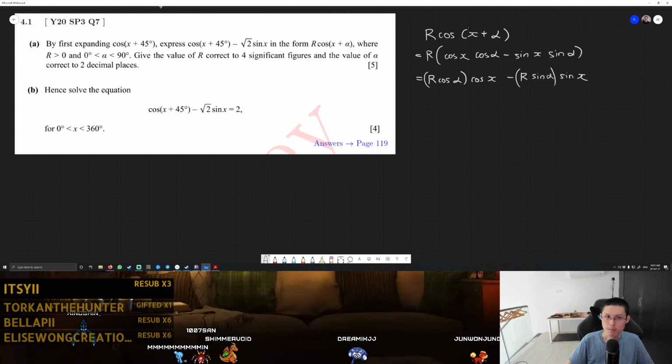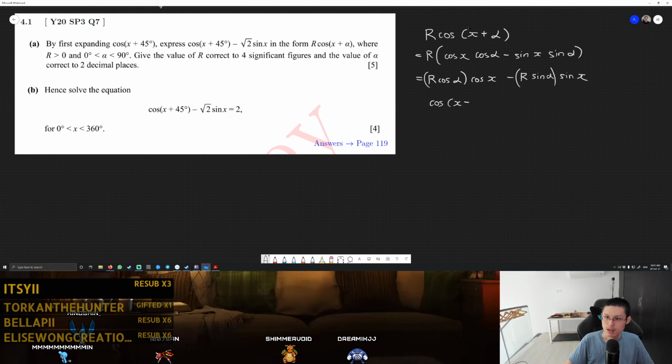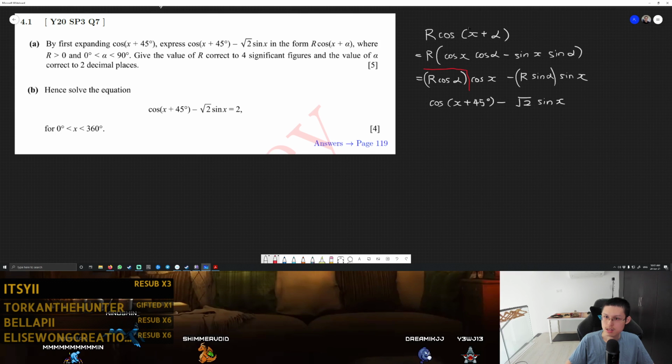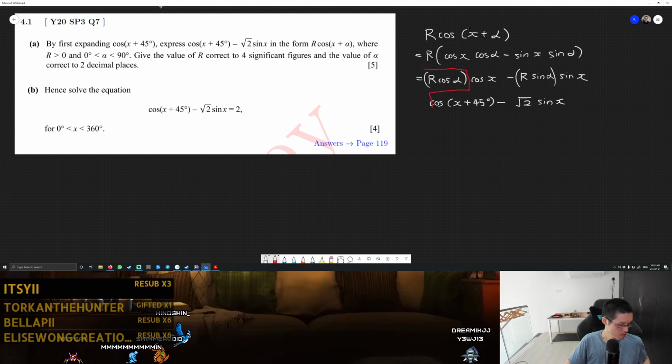Okay, and then now you compare the coefficients, so you see that we have cos(x plus 45 degrees) minus square root of 2 sine x. So if you compare the coefficients, you see that this is actually equal to 1. So 1 over here.